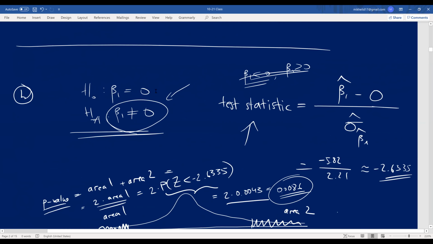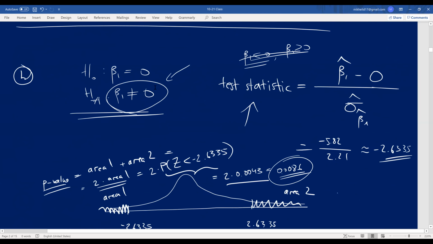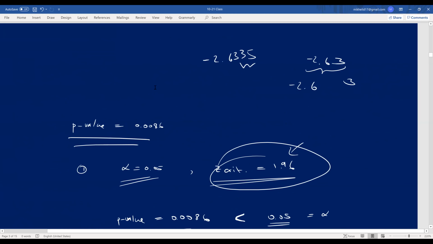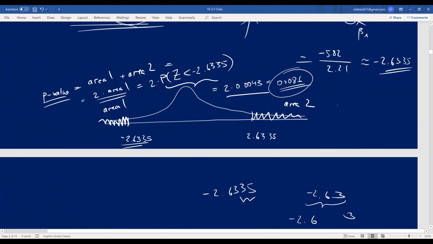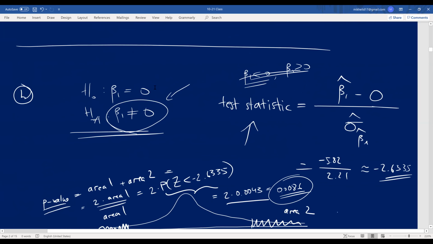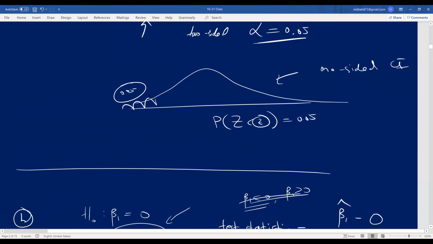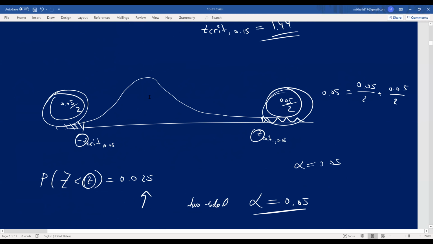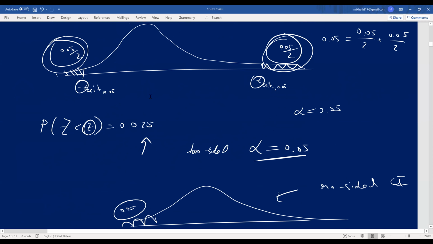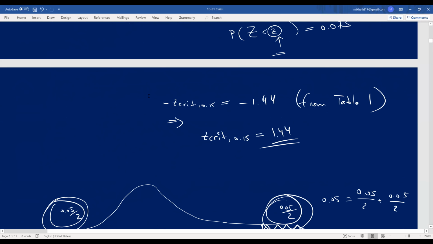The hypothesized value is 0. Did I calculate the confidence interval? I'm not sure. I'm looking for it for this test. I think I gave you numbers. But 0 should not be in the confidence interval. That's what I'm trying to show you guys.